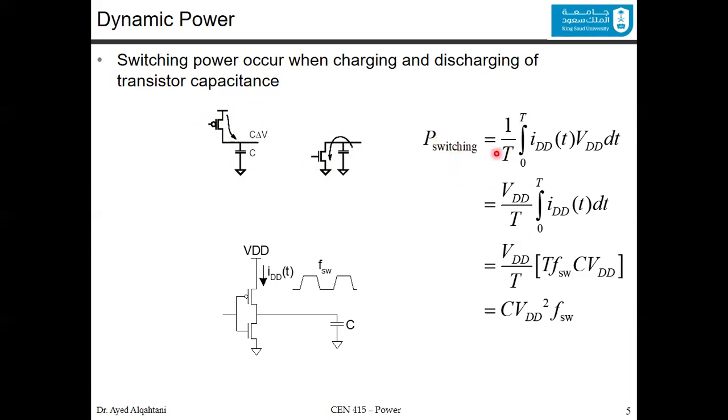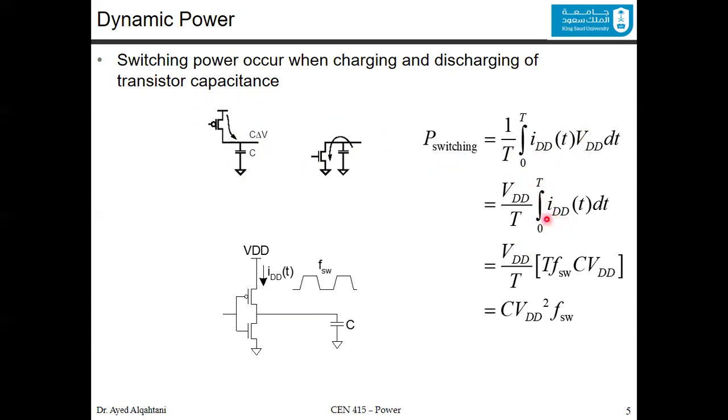According to this simple mathematical calculation, the switching power will be equal to 1 over T of the integral from 0 to T of the current multiplied by the voltage. And this is what we said about the instantaneous power. Now, we know that the voltage at the VDD node here is constant, so we can take it out of the integration.